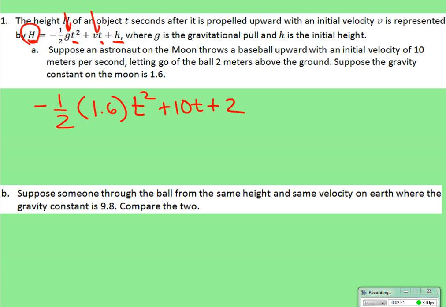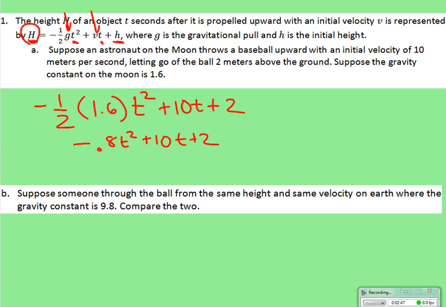So I can multiply this to become negative 0.8 t squared plus 10t plus 2. So that is what that would look like. So say someone threw the ball from the same height and the same velocity on Earth, where the gravity constant is 9.8.